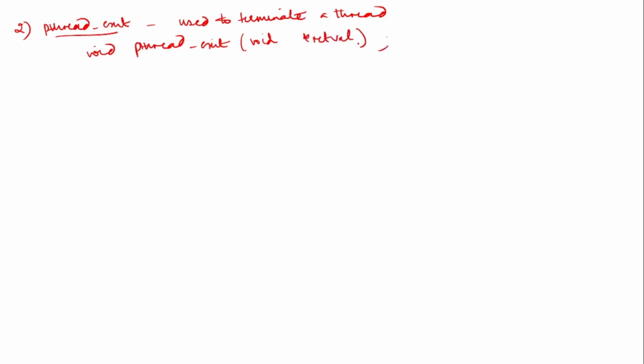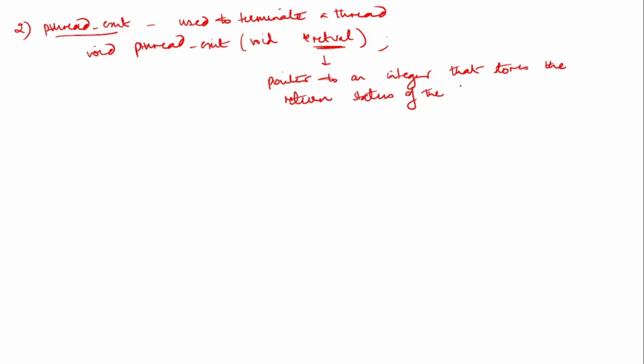void pthread_exit, and in the parameter you pass the pointer retval. This is a pointer to an integer that stores the return status of the thread that is terminated.